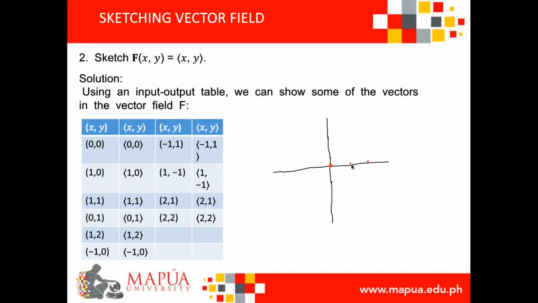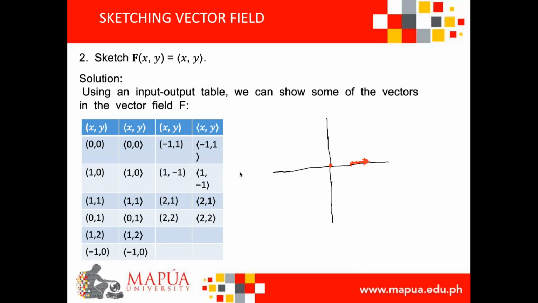So we measure 1 unit. Let's say this 1 unit. This will be your initial point and this will be your terminal point. So let us connect these 2 points. I'll just shade in this manner so that we can see the vector. Then I have the arrow as the symbol for the terminal point.